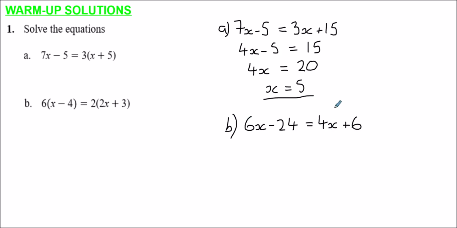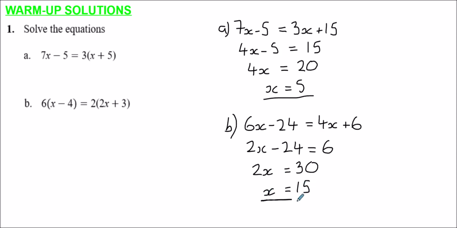We can do this by subtracting 4x from both sides. That would give us 2x minus 24 equals 6. Add 24 to both sides, gives us 2x equals 30. And if 2x equals 30, it stands to reason when we divide by 2 that x equals 15. And so that's question 1 sorted out.